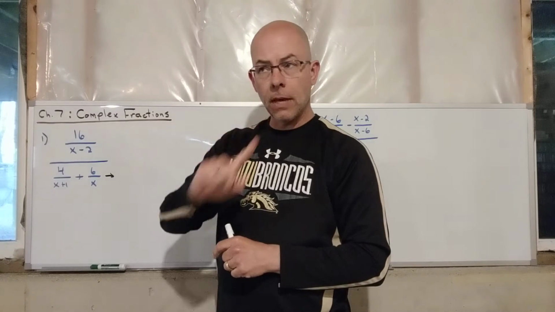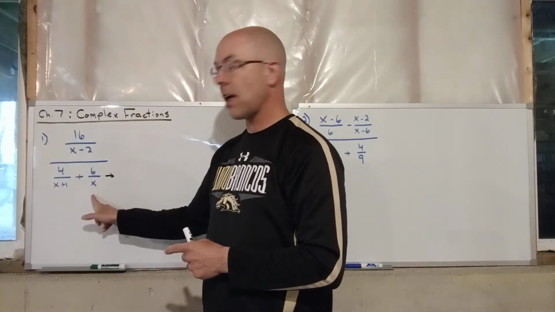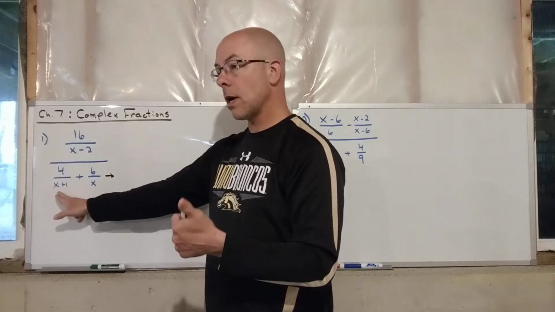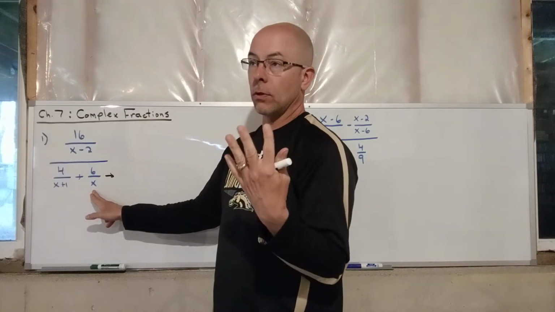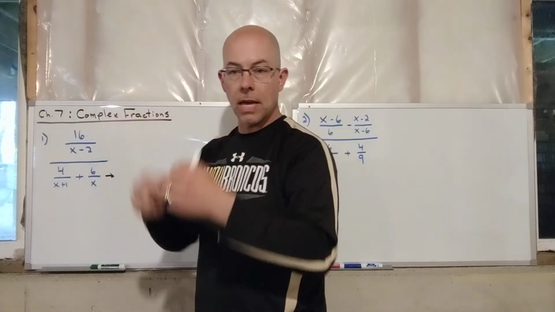As per the first video, when you get a common denominator, you see if either of these denominators factor. They don't. They're not the same. This is the quantity x plus 1. This is the single thing x. The common denominator is them put together.